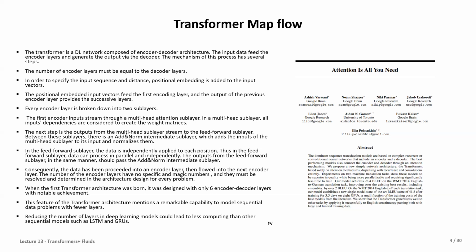Between these sublayers, there is an add and norm intermediate sublayer, which adds the inputs of the multi-head sublayer to its output and normalizes them. So we are going step by step through how the transformer flow works.